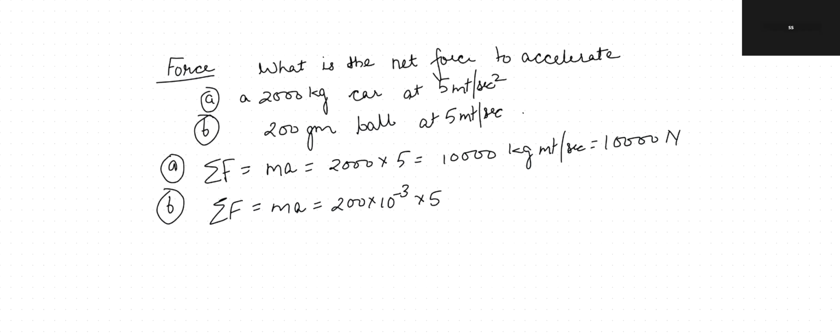Okay, so it will be 1 newton. So we can say that a very large force is required to accelerate a car as compared to the ball, which is much lighter.